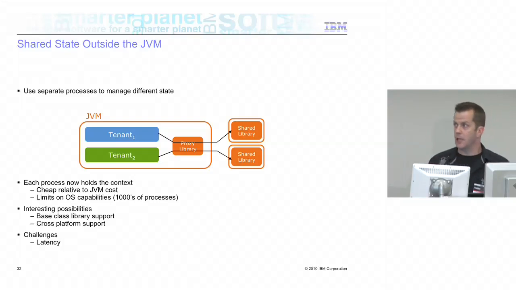Kill -9, you can actually drop one of these processes. What that ends up meaning for the actual Java tenant running is another question, but it's kind of interesting. You can Ctrl-C these things and kill them and say, look, you're done, and get that out of the way. Again, what that does from a kill semantics point of view is interesting. And of course, latency is the big problem.